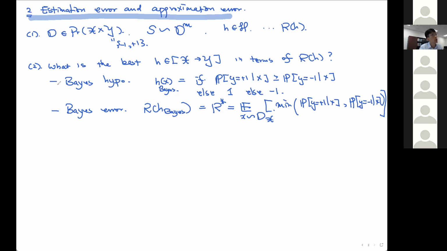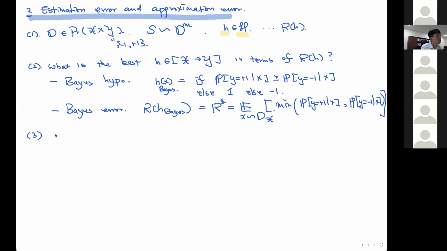Okay. Now let's go back to our algorithm setting. In the algorithm setting, we have a fixed hypothesis set, curly H, and a hypothesis, small h. Then for a given hypothesis, we can define the following concept, which measures how well our hypothesis is doing. We just noticed that this Bayes error is as good as we can get.